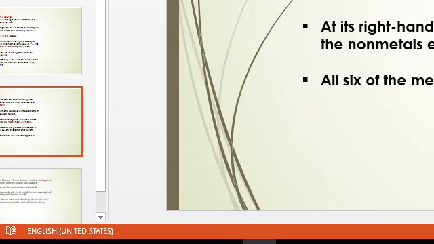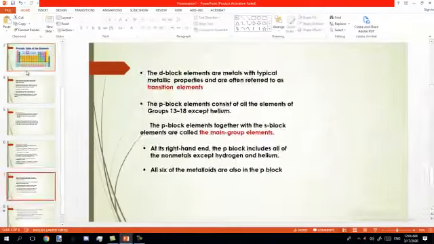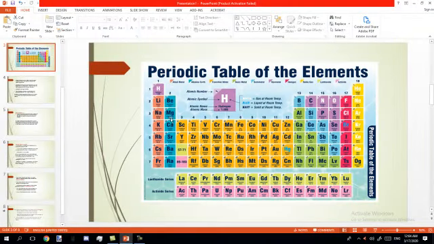The p block elements together with the s block elements are called the main group elements. So the first two groups, with the groups from 13 to 18, all of these s block and p block elements are called the main group elements.